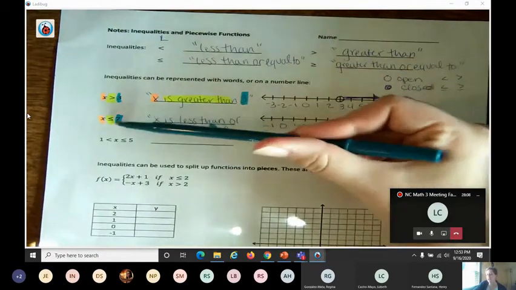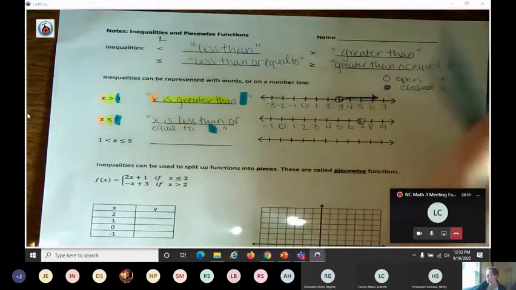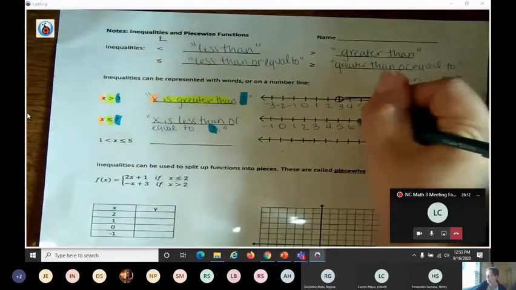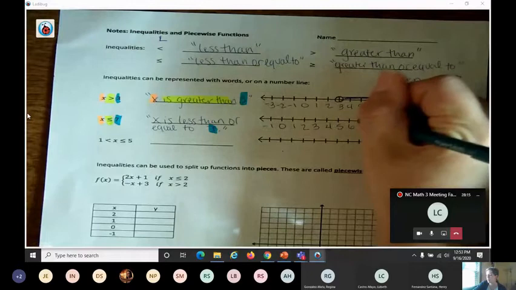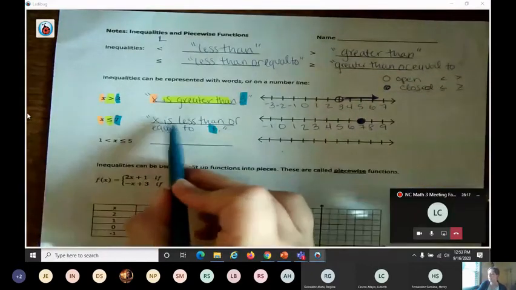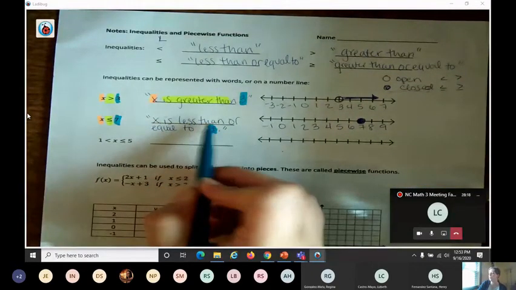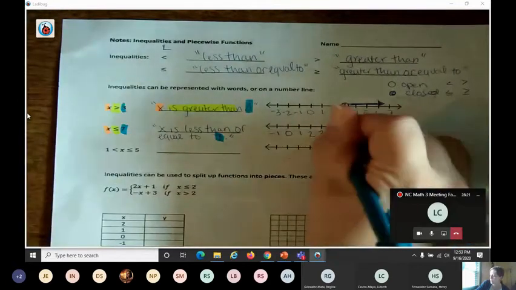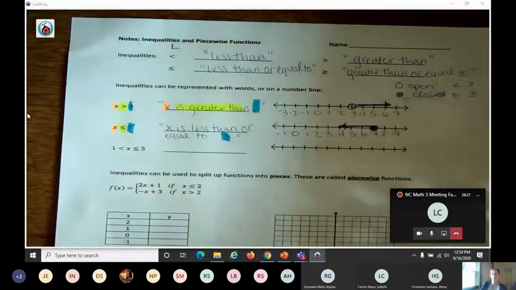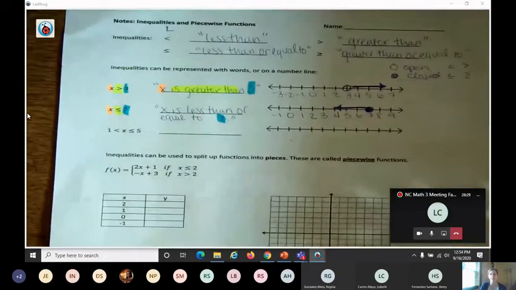Notice that we have a less than or equal to sign, so it needs to be a closed dot. So I'm going to fill it in. And then it says x's are less than or equal to. So less than is going to be going to the left. So I'm going to draw my arrow in, going to the left. Okay, what questions do you guys have?